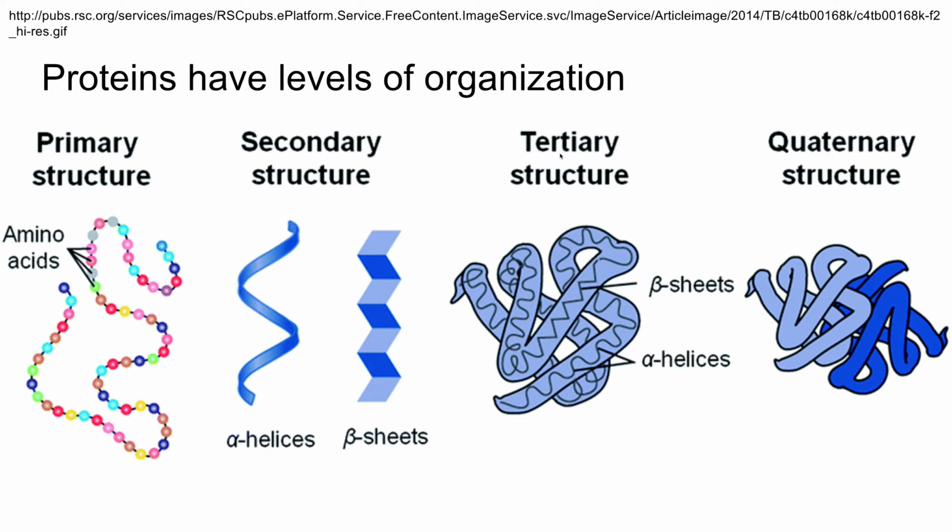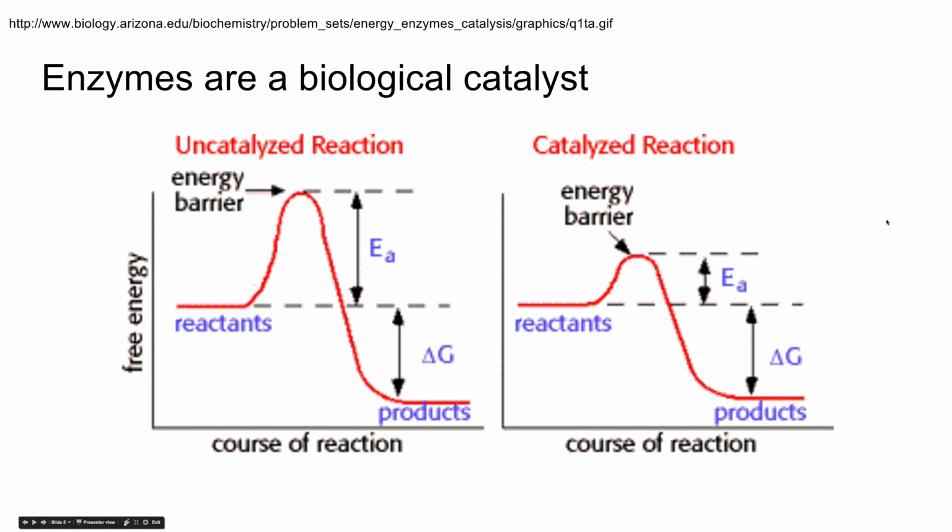This is held together through ionic bonds, covalent bonds, hydrophobic interactions, and hydrogen bonds. All proteins have a primary, secondary, and tertiary structure. Not all of them have a quaternary structure, which is when multiple proteins from different genes interact with each other. The smallest quaternary structure you could have is 2. And obviously the more things you add on to it, the bigger the structure becomes.